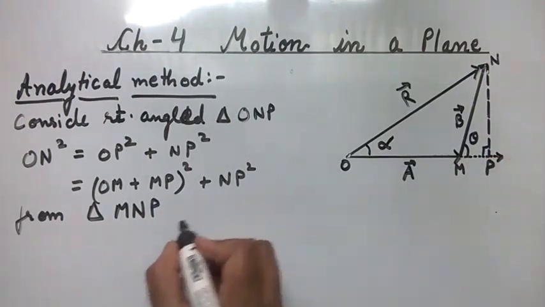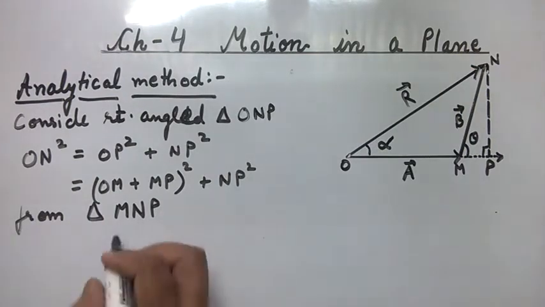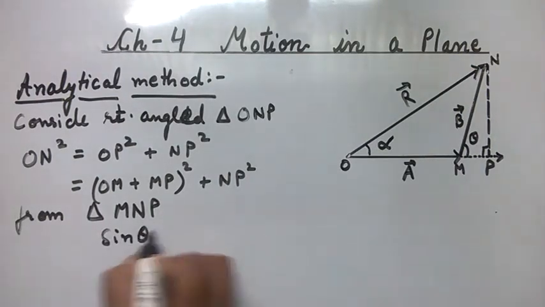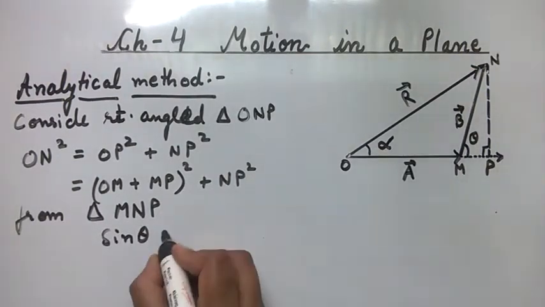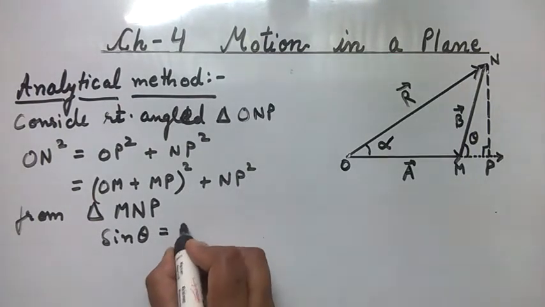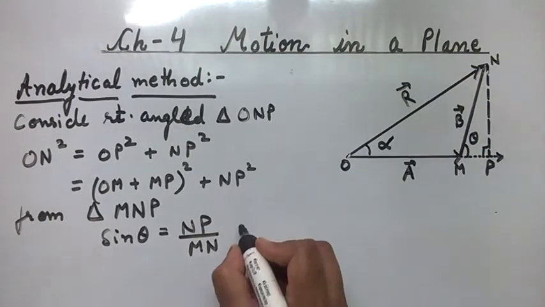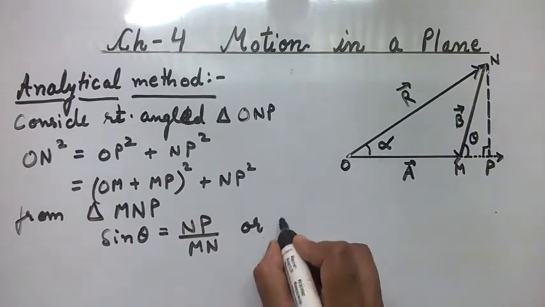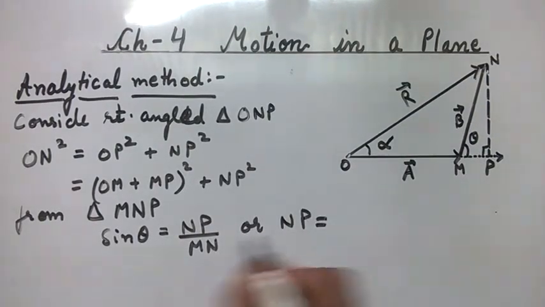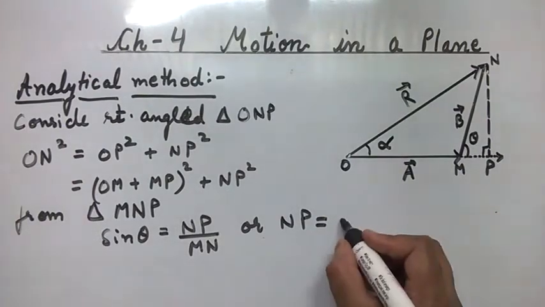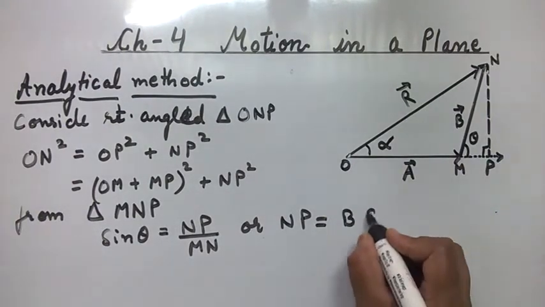Now sine theta gives us perpendicular by hypotenuse, it's equal to NP by MN, or NP equals MN, here in magnitude form, it's equal to B sine theta.